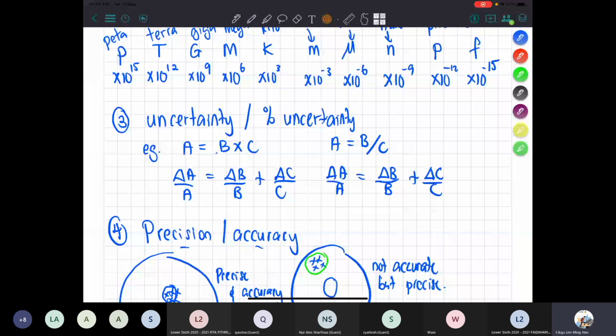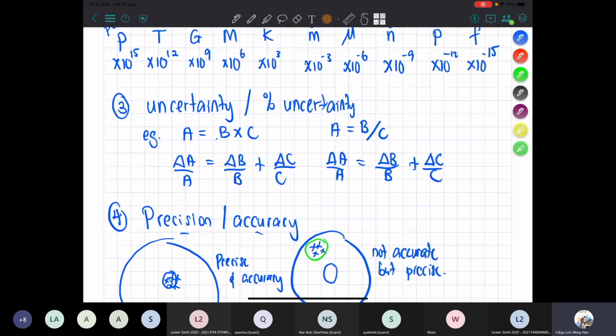Try to revise back all this. This is the paper 1 content. I try to summarize, because if I do overall one by one, there's not enough time. So I just give you the pointer. The question is about this one. Practice with past year papers. So number 3 is of course the famous uncertainty. There will be, maybe, A equal to B times C, or A equal to B over C. To get the uncertainty, you need to do the fractional uncertainty, just like what you see here.